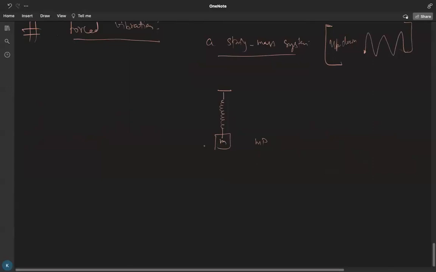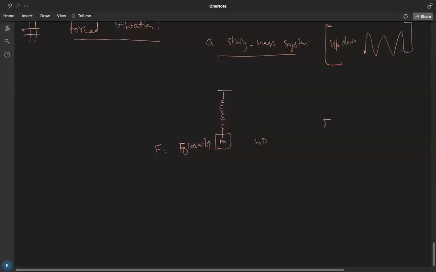I am continuously applying a force F naught cos omega t on this. Why is it varying as cos omega t? Because it's also under the influence of the spring force. So I am continuously applying a force on the system, which is varying as F naught cos omega t, right?